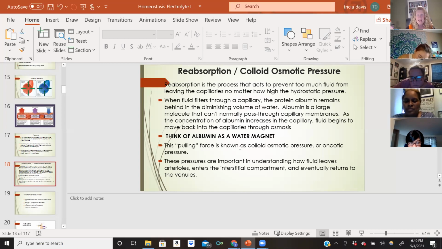So this is the pulling force that we call colloid osmotic pressure, or some people call it oncotic pressure. It's used interchangeably. These pressures are important because you need to understand how fluid leaves the arterioles and enters that interstitial compartment and then eventually returns to the venules.